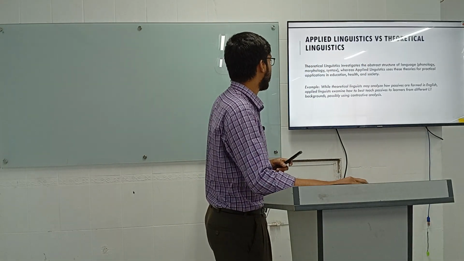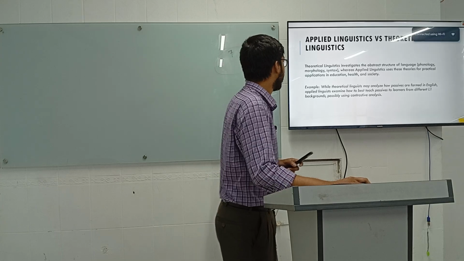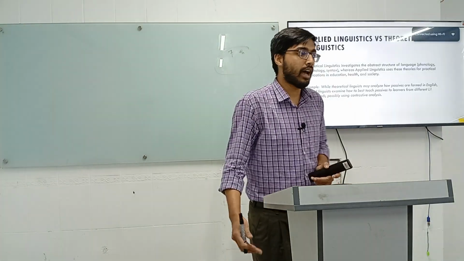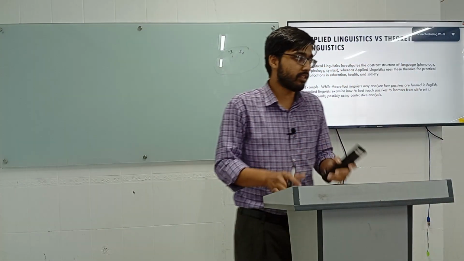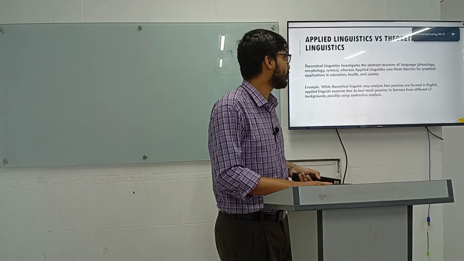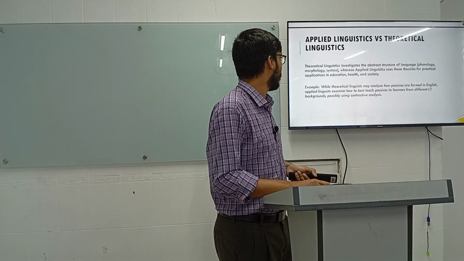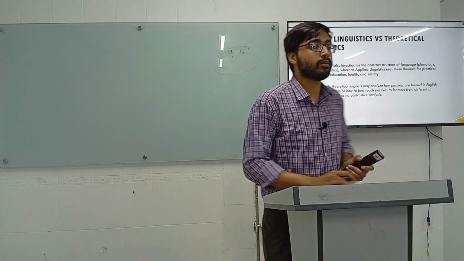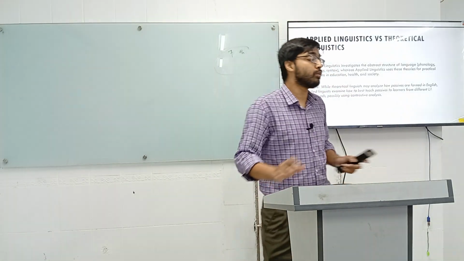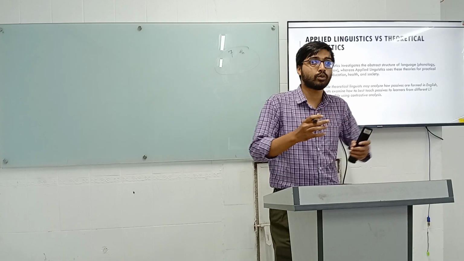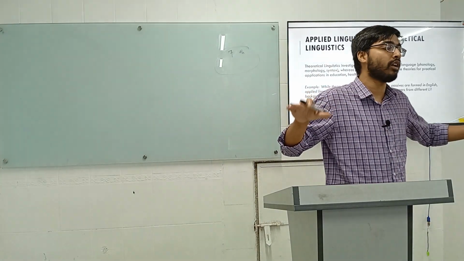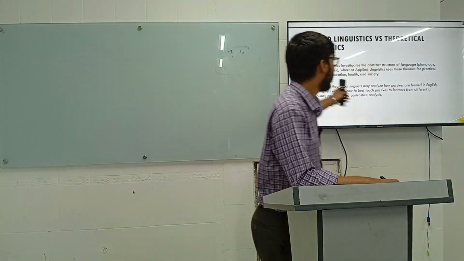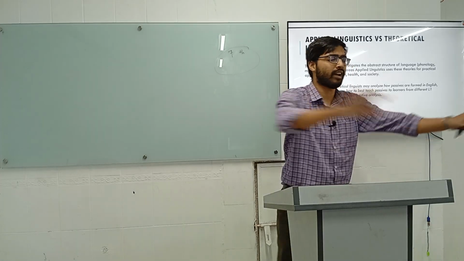Theoretical linguistics investigates the abstract structure of language, phonology, morphology, syntax, abstract structures. And applied linguistics talks about how those structures could be evaluated, could be dealt with in the context of real world situation under the light of education, health, society, whatever.